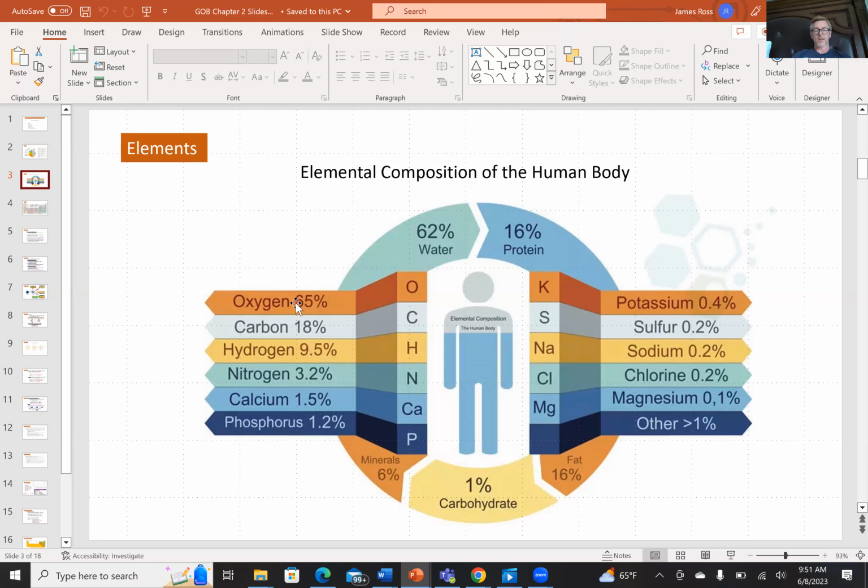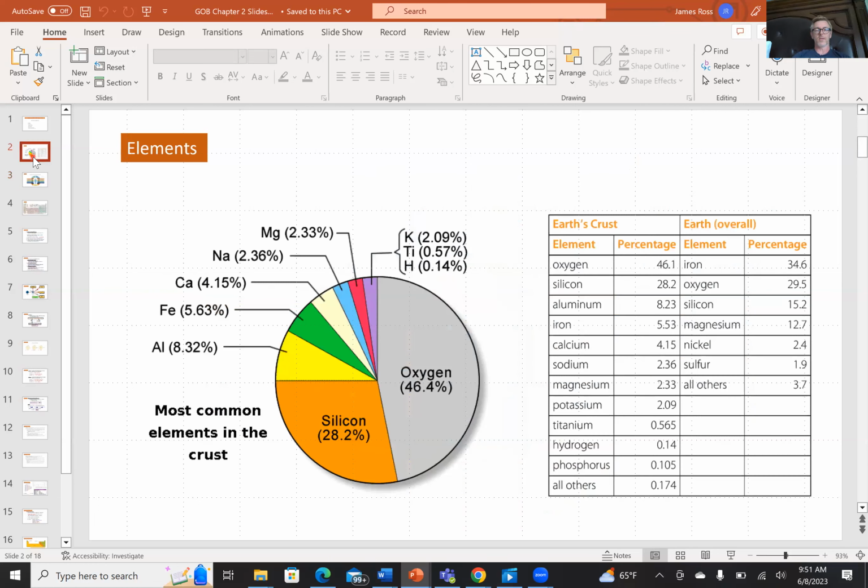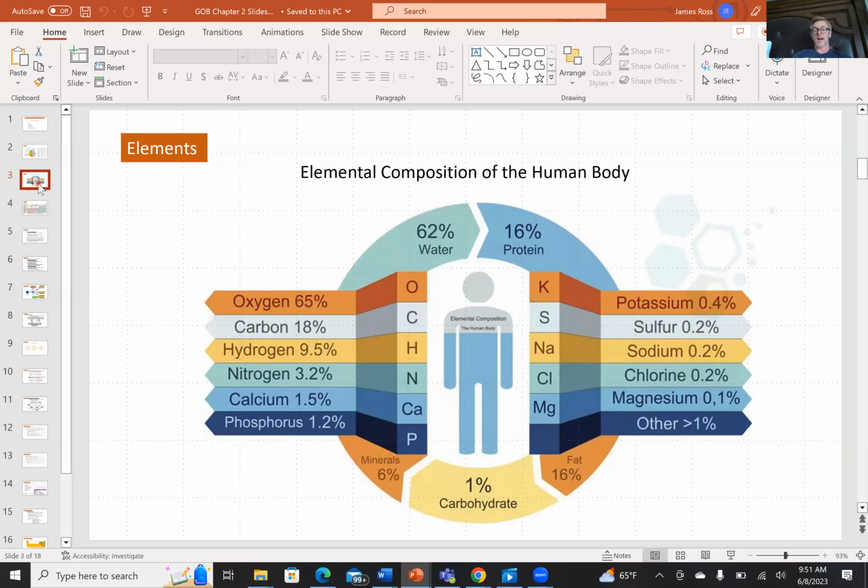So let's look at oxygen. 65% oxygen. It's a bit more oxygen in us than in the crust, but just as the crust was dominated by oxygen, you and I are dominated by oxygen. Let's look at calcium and hydrogen. So hydrogen is about 9.5%, calcium is 1.5%.